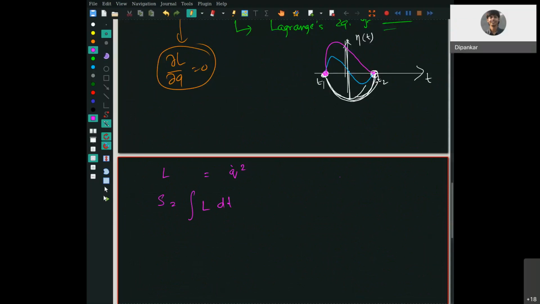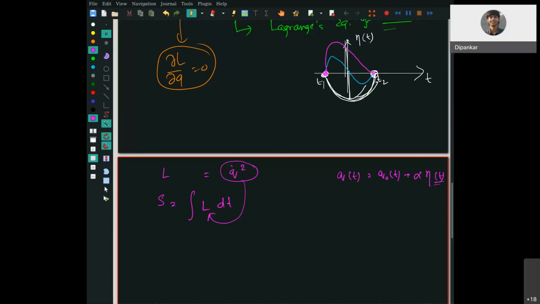Now, you have chosen q of t to be q0 of t plus alpha eta t. Choose for once eta t equals t square, and another case eta t equals t cube, or anything else that satisfies the boundary condition. Then you see the functional form of this q dot square changes itself. So this integration changes.